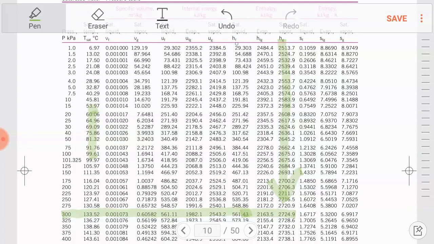Why didn't we take Hf or Hfg? Because they told us that it is in the initial state, it is in the form of saturated vapor, so it is in the Hg phase. So we take this value, 2724.9.